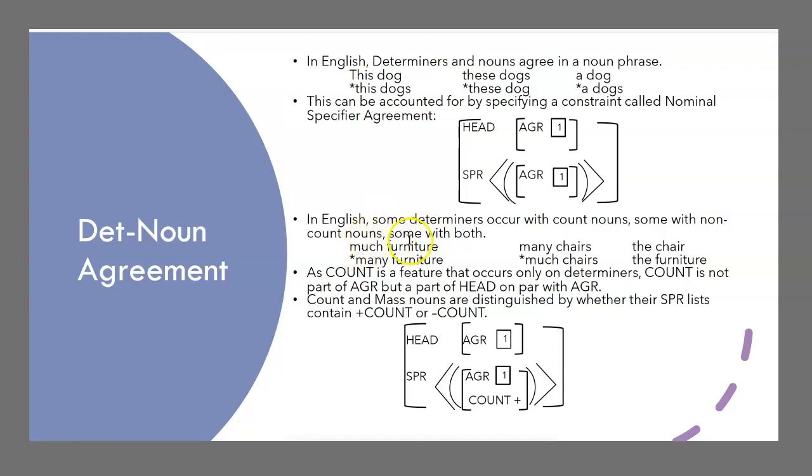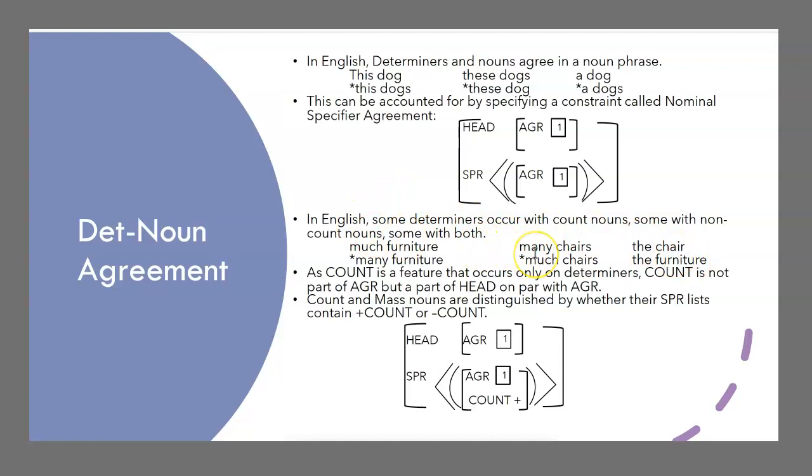So much occurs with non-count nouns, whereas many occurs with count nouns. The, an article determiner, can occur with both count nouns, like the chair, the chairs, and also non-count. So we have three distinctions here: some occur with non-count, some occur with count, some occur with both.